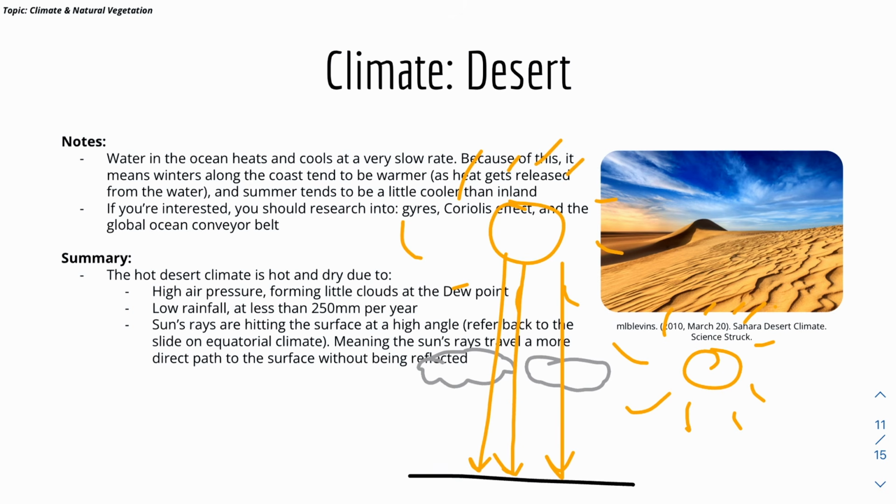Whereas if it were to hit from the side, it will go through more clouds and take a longer path, which means that it will not be as hot, and the angle will be very small. Whereas here the angle will be very high, and the angle here will be very small, like so.